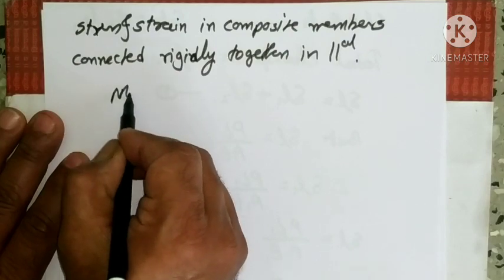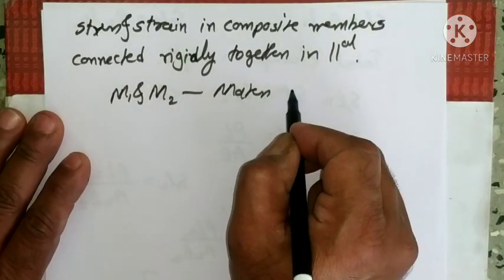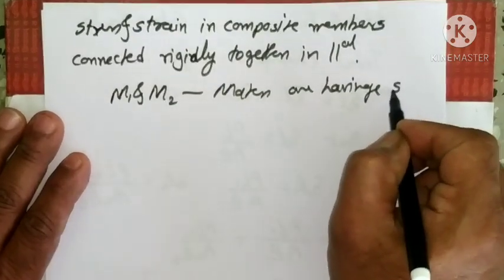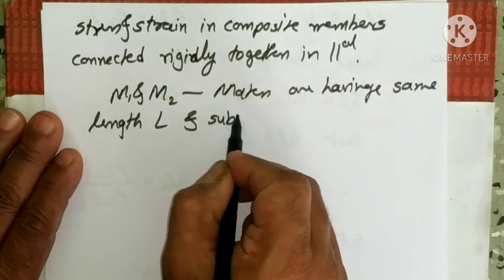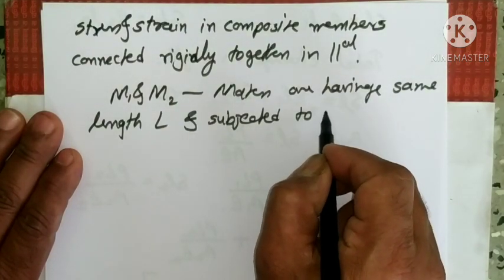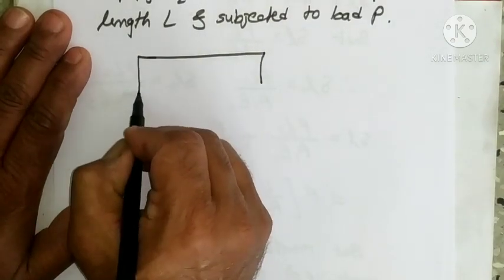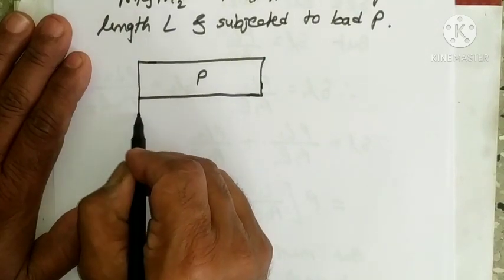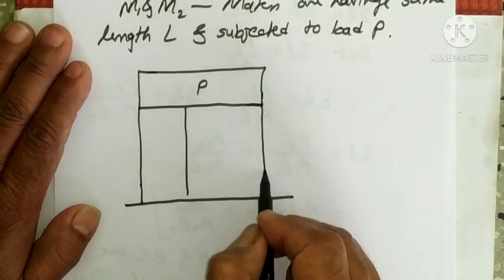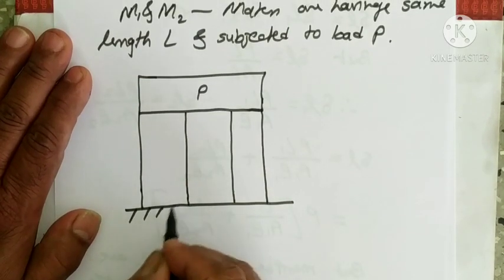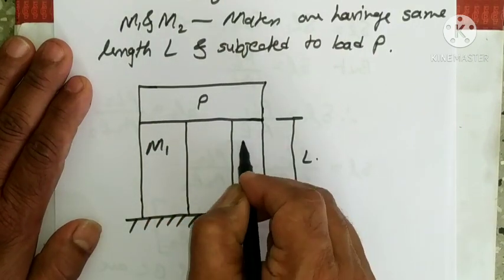Consider material M1 and M2 having same length L, and subjected to load P. Load P acting vertically downward on the material 1 and material 2, having different cross-sectional area, but length of these two materials is same, material M1, M2.